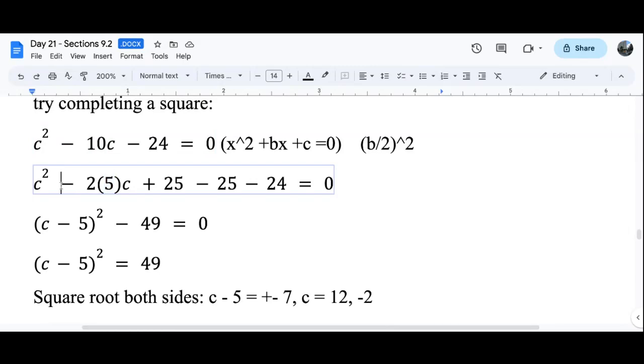So you could write add negative 5, because this is negative 10, right? Then what's negative 5 squared? That's 25. If you add a number, you have to subtract the same number to offset, otherwise you change the expression. Does it make sense?